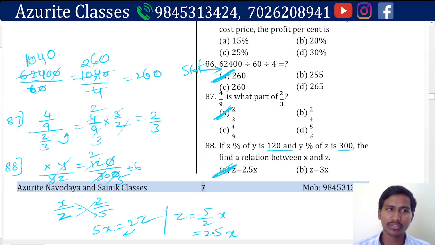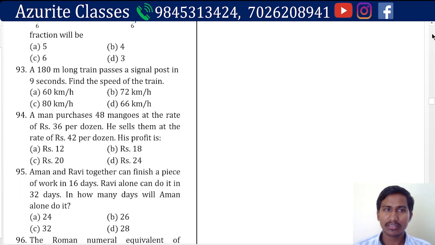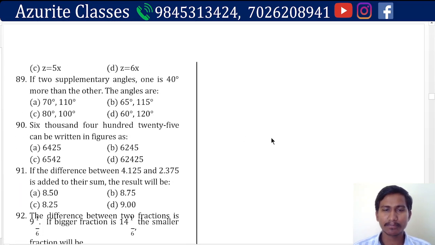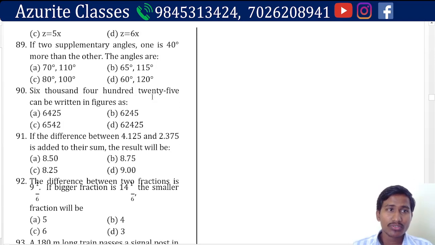Okay, good. Next let us do question 89. So let us solve the next question, students. Two supplementary angles, one is 40 degrees more than the other.